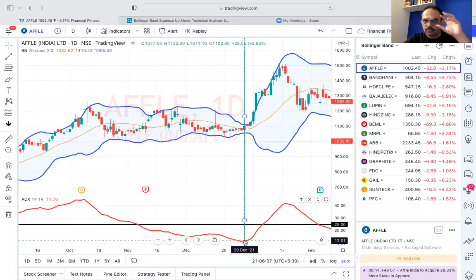Two points clear. So we are looking for a Bollinger Band squeeze. Second, we are looking for an ADX which has a value lesser than 25.